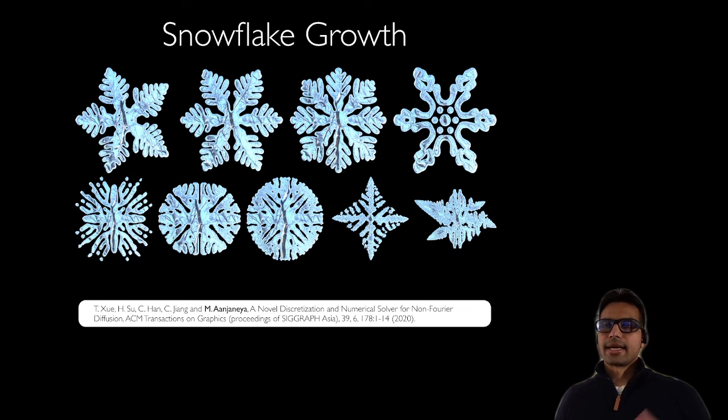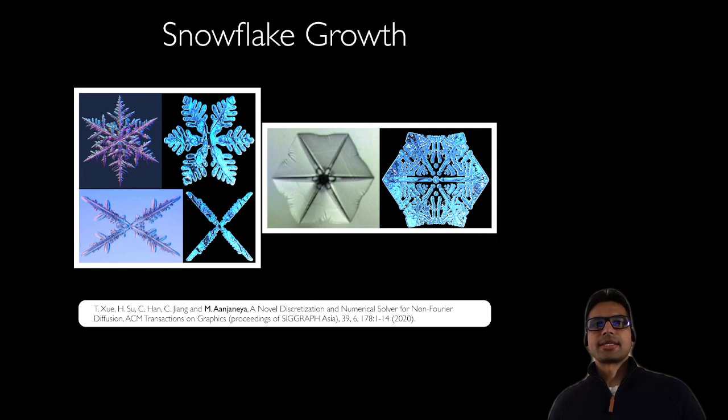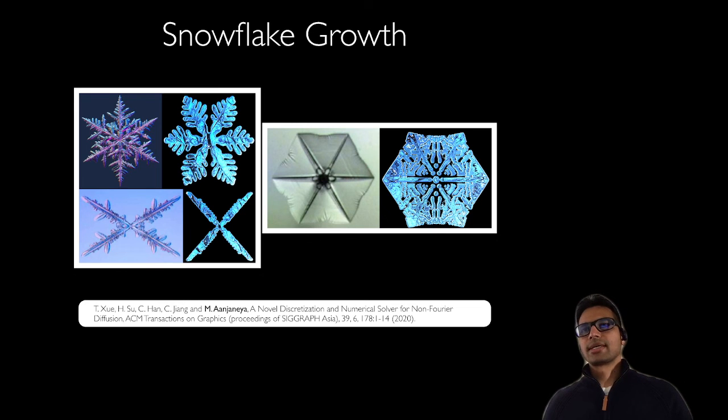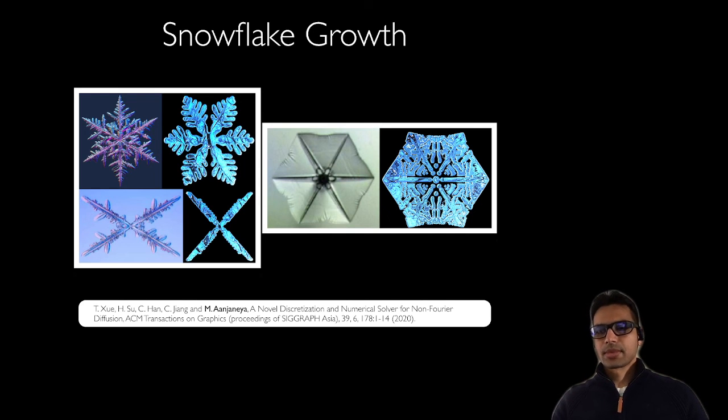And again, these are not just of visual value, because there are certain patterns that cannot be described by Fourier-based diffusion, but they actually can be described through non-Fourier diffusion. So this cross pattern that you see on the left, or this hexagonal pattern that you see on the right, are both only described by non-Fourier diffusion, as we show here.